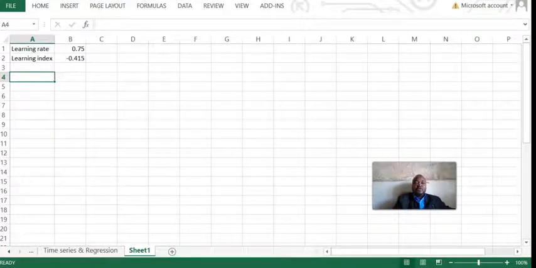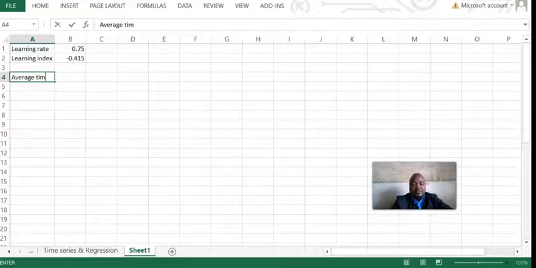So we know that y is equal to, let me just say average time per unit, is given by y is equal to ax to the power b.